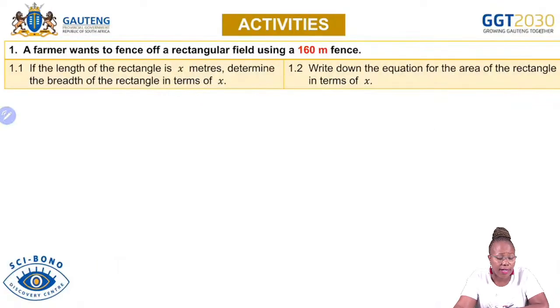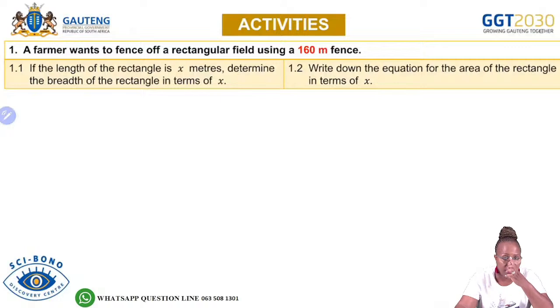Right, let's start with the activities now. At least you have a clarity in terms of the formulae of the perimeter, the area, total surface area, and the volume. Now, let's attempt the questions now. A farmer wants to fence off a rectangular shape. So it is given that we are dealing with the rectangular field. That is very important, grade 12, to know the shape that you will be dealing with so that you can select the correct formula.